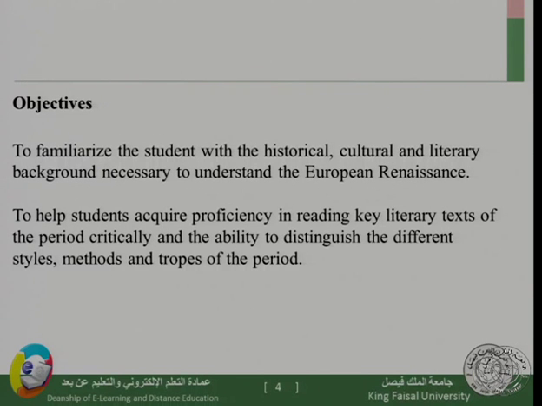The objective of this class, very simply put, is to familiarize the student with the historical, cultural, and literary background necessary to understand the European Renaissance. The European Renaissance is a very important event that essentially gave us modernity, what we call modernity today.